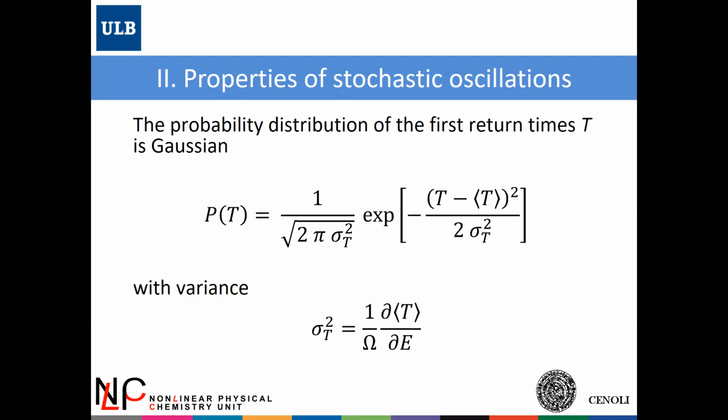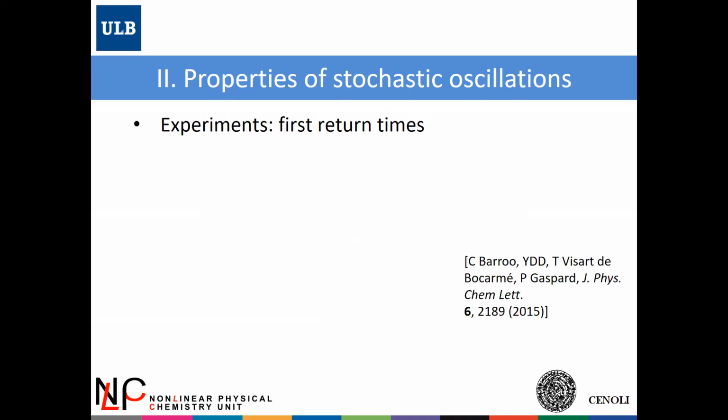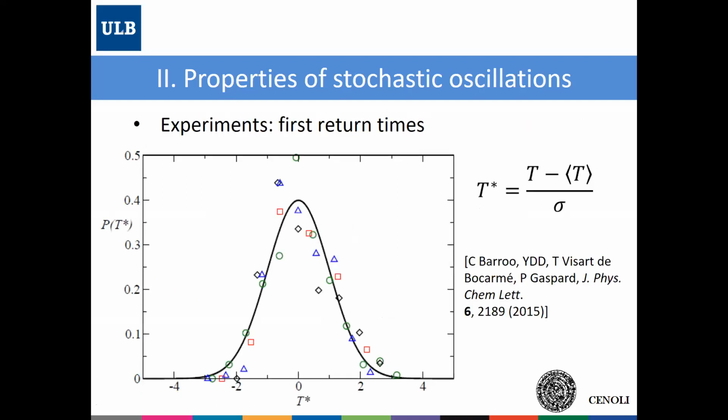So if we place ourselves sufficiently far from a bifurcation point, and given that the system is relatively large, we should expect the first return times of the experiments to obey a Gaussian distribution. So this is something that we tested. And here you have the Gaussian distribution and the data from different experiments that were done at different pressures and temperatures.